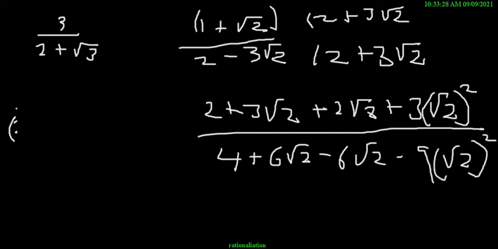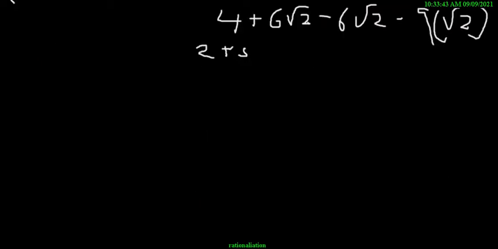We're going to see that they cancel out. So what we're going to have here is 2 plus, then 3 plus 2, that's going to be 5.